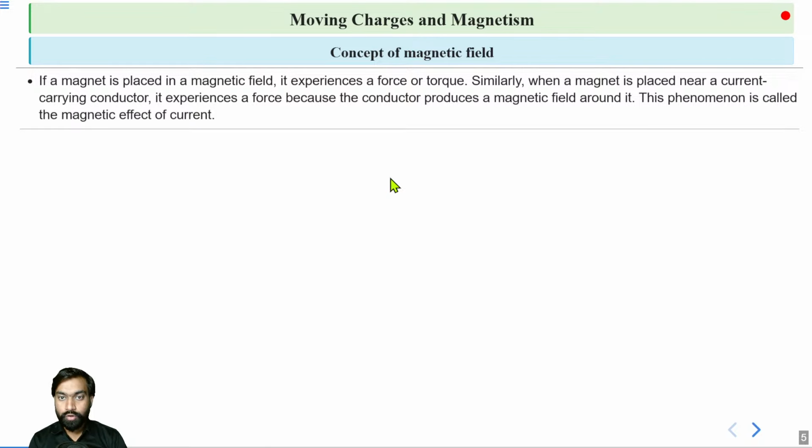Okay, and if we talk about practical implications, we can say this phenomenon is the basis for many devices like electric motors, where current carrying coils produce magnetic fields that interact with magnets to produce motion. Okay, clear?